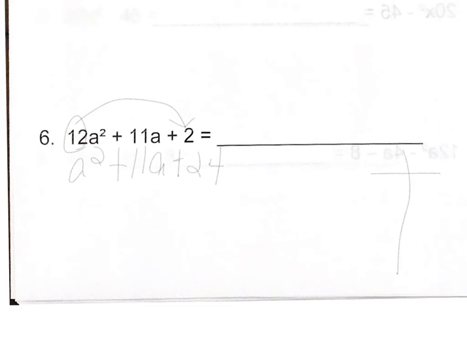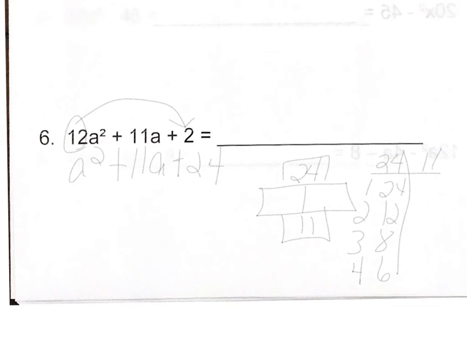So we want the factors of 24 that add up to 11. 1 and 24, 2 and 12, 3 and 8, 4 and 6. So 3 and 8. So a plus 3, a plus 8. We multiplied by 12, so now we have to divide by 12.